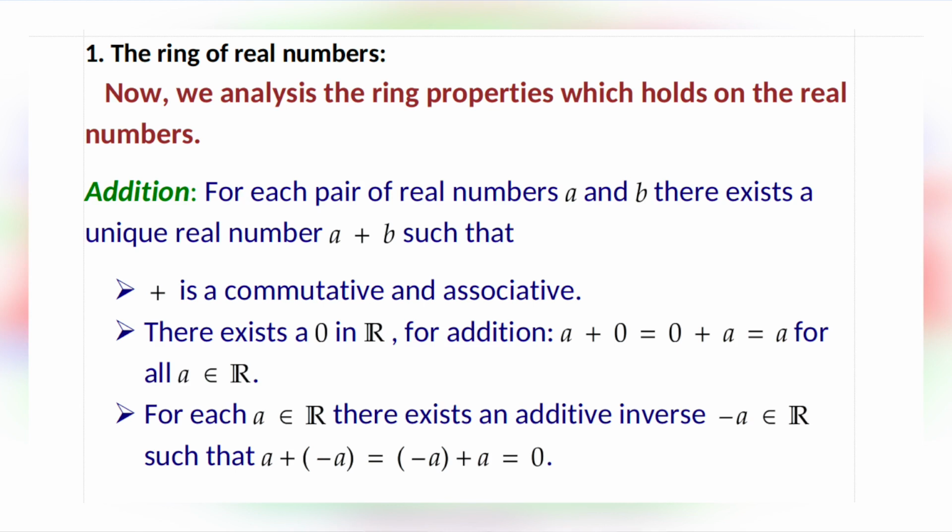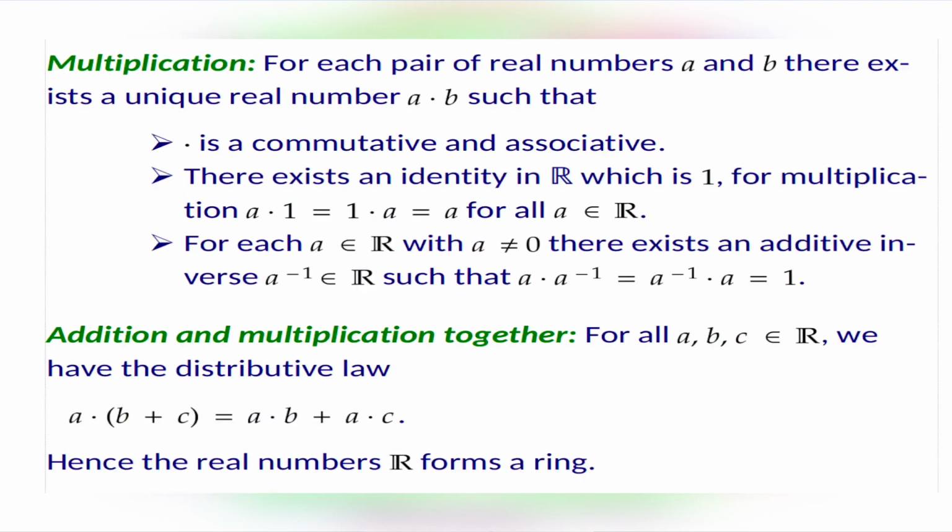The third one is for each a belongs to R, there exists an additive inverse minus a belongs to R such that a plus minus a is equal to minus a plus a is equal to 0. Next we see the multiplication. For each pair of real numbers a and b, there exists a unique real number a dot b such that dot is commutative and associative.